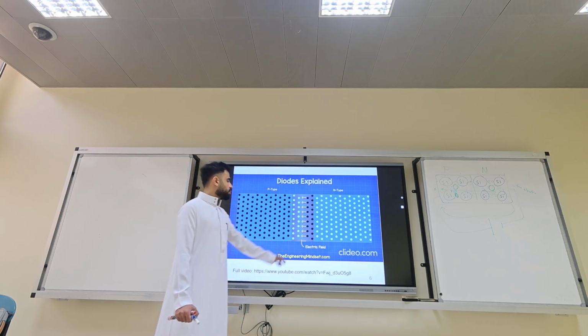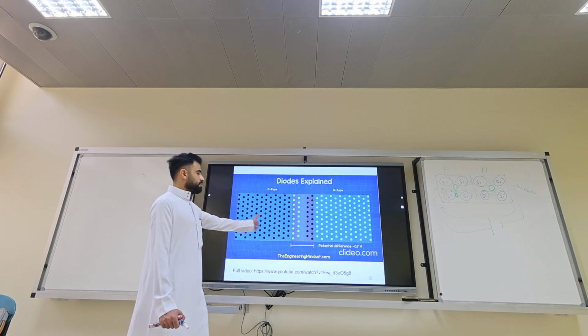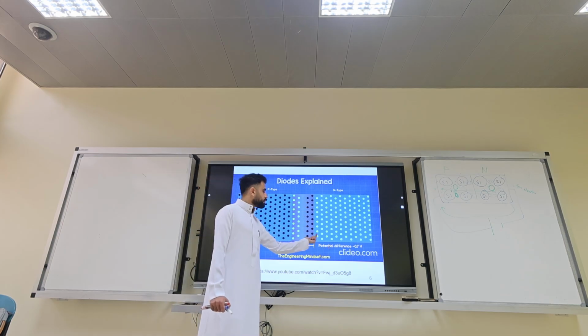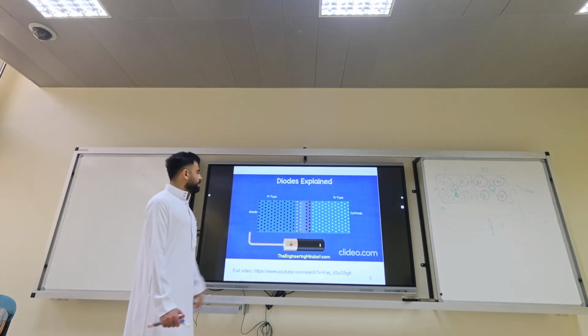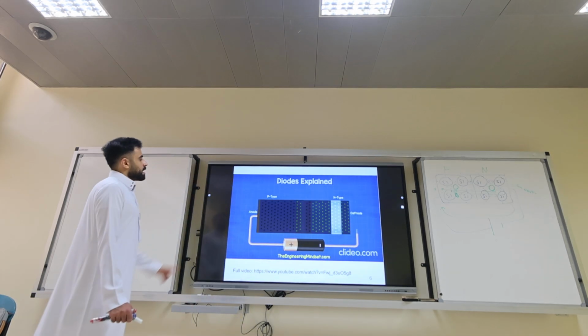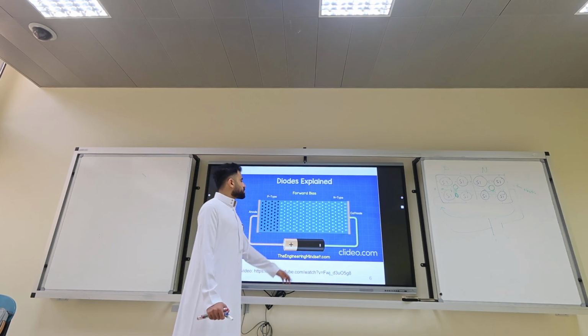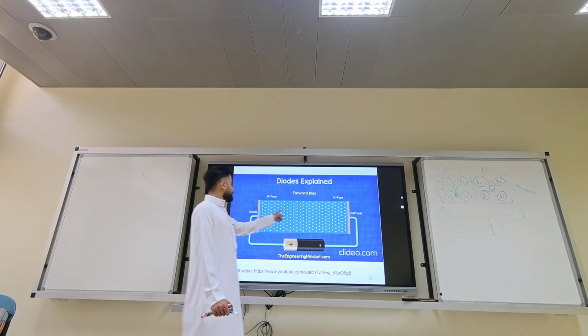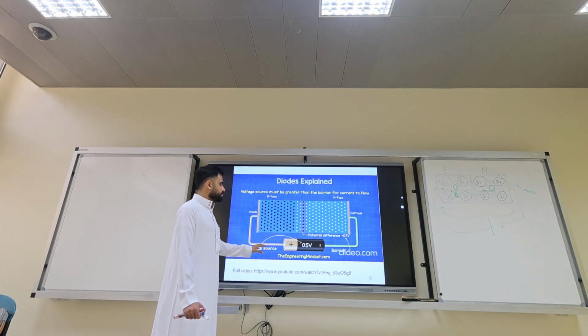They will create what we call an electric field, and that is calculated to be 0.7 volts, automatically. Now you apply a battery, and you put the positive here and the negative here, so the electrons will be moving here, and it will act like a short circuit.